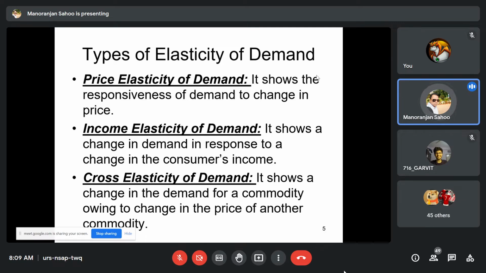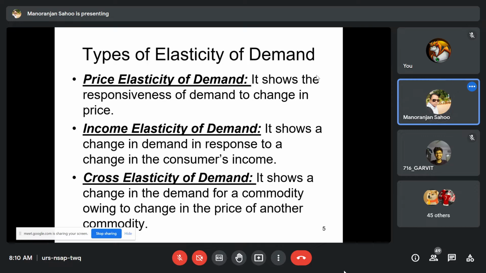In order to measure the elasticity of demand, there are three types of elasticity measurement. One is price elasticity of demand, where we are measuring how much the quantity demanded changes with respect to change in the price. Income elasticity of demand is used to measure the extent of change in the demand due to the change in the income.